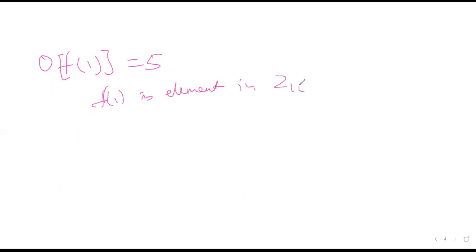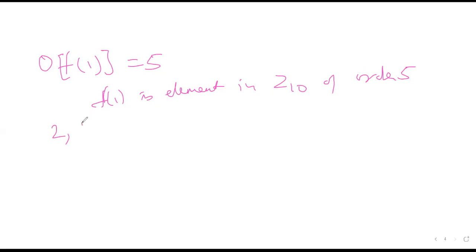What is the other homomorphism? If the order of f(1) is equal to 5, then f(1) is an element in Z10 of order 5. What are the elements in Z10 of order 5? 2 has order 5: 2 plus 2 up to 5 times is 2 into 5, which is 10.